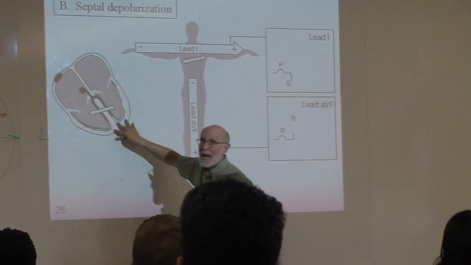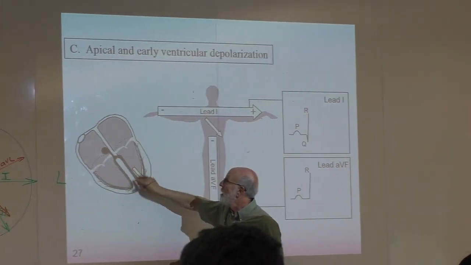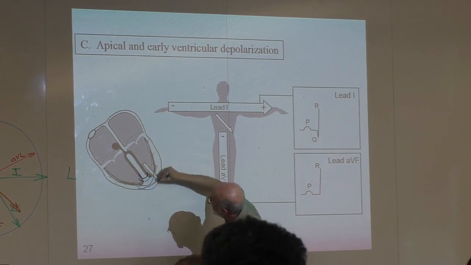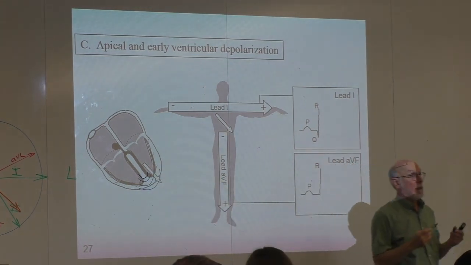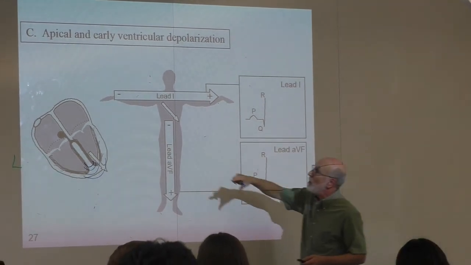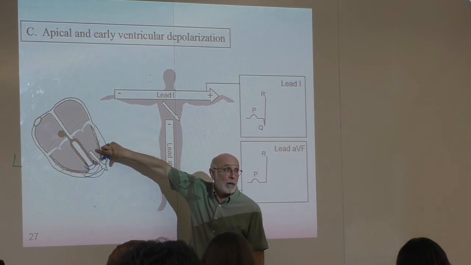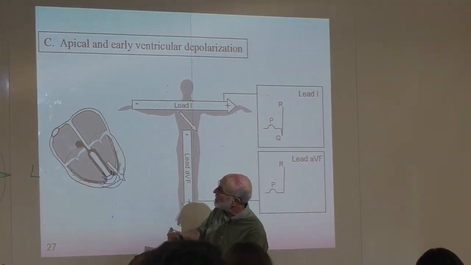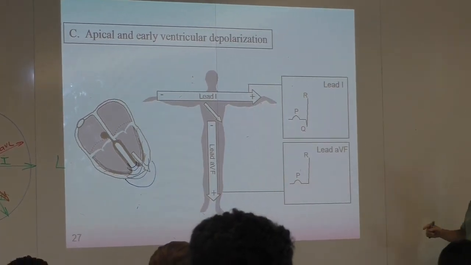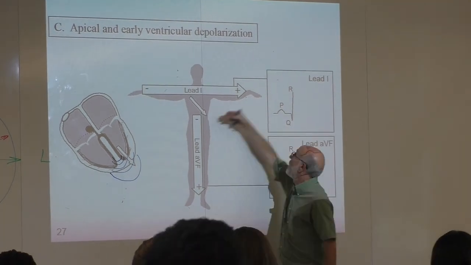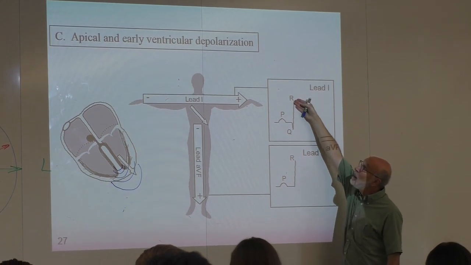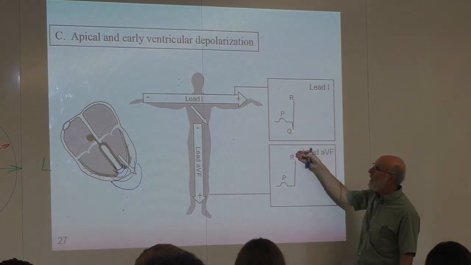Now we're going to move into the apex. The apex of the heart is the most massive part of the heart muscle. So we're going to generate a very, very big vector that is oriented something like this. Very, very big signal. Positive in lead 1. Positive in lead aVF.